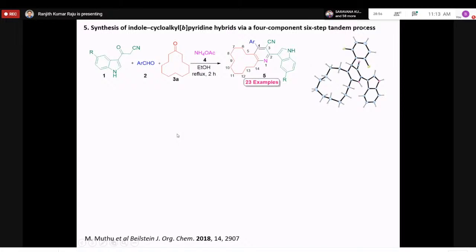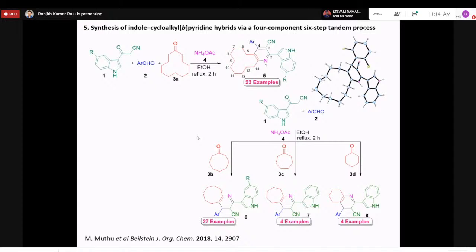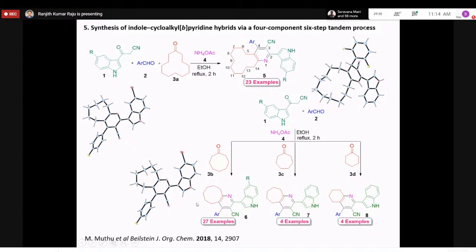And again, the structure was confirmed from single crystal. And when we explored different ketones, cyclohexanone, heptanone, and octanone, we got the desired compounds in good yields. So here again we illustrated the structure from NMR and ultimately from the single crystal X-ray.